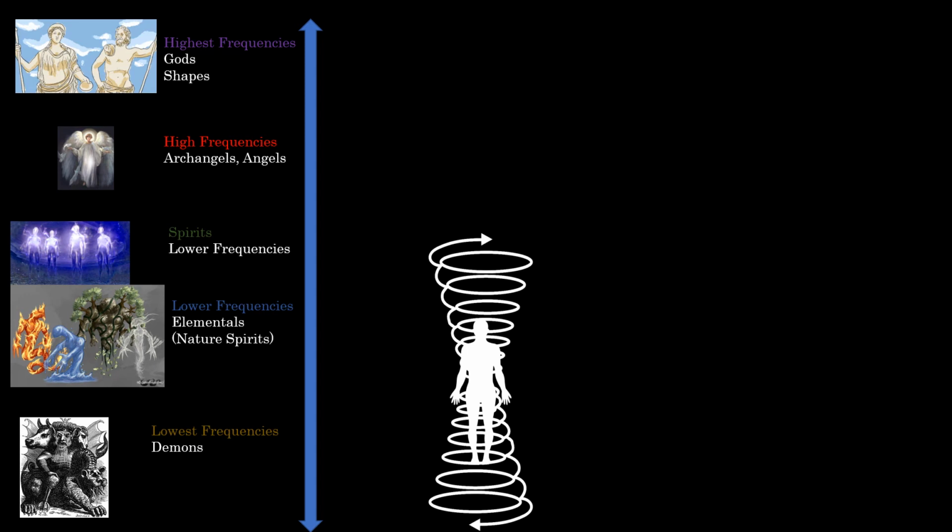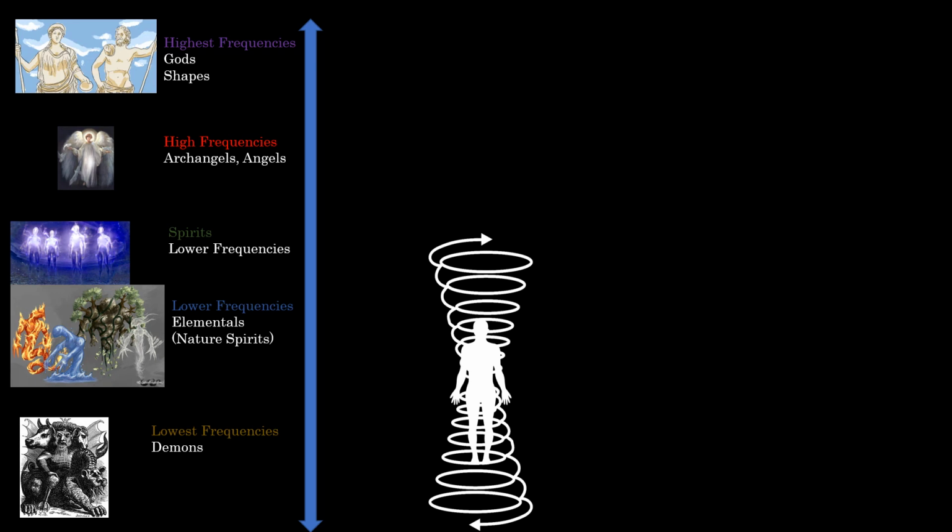Next to it, a little bit lower, we have the higher frequencies, where we have the archangels and angels. Archangels and angels are essentially messengers. They're frequencies that connect the world of creation to the world created, carrying information between the two.